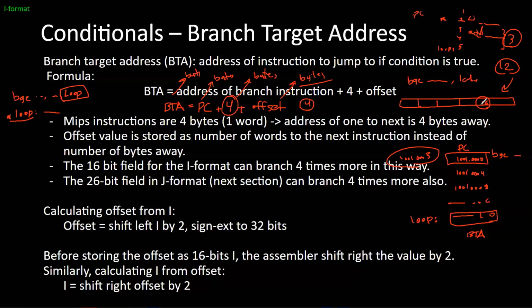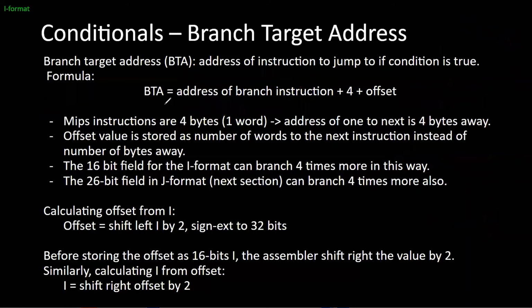So that's why the offset that you calculate, you have to divide by 4 and then save it here. And that division by 4 is basically shifting right. So let me clear this. Our formula is BTA = PC, that's the current line of code, plus 4, plus offset.